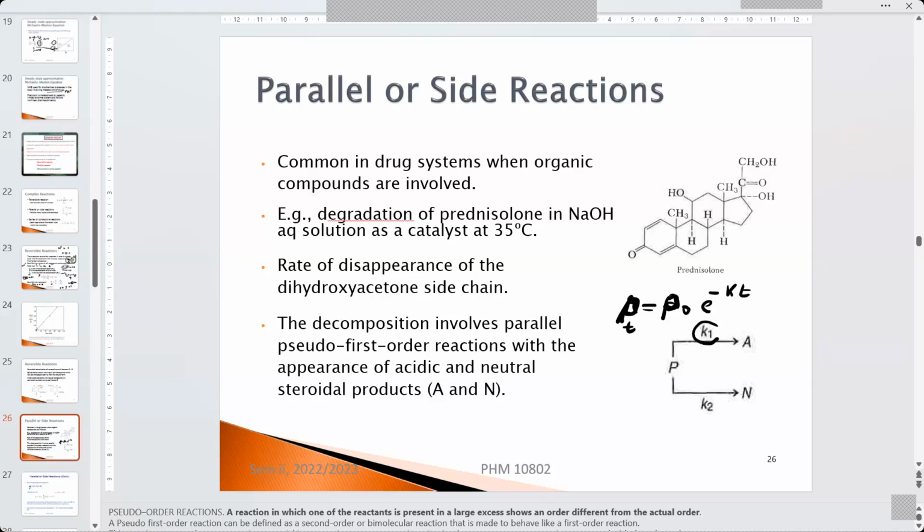Here we don't have one K, we have two Ks, K1 and K2. So the equation must contain both.